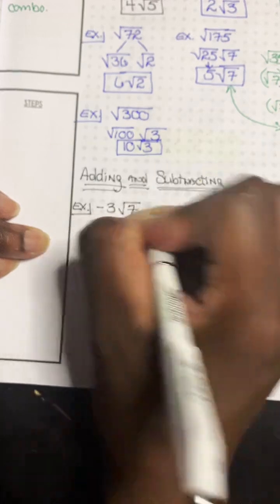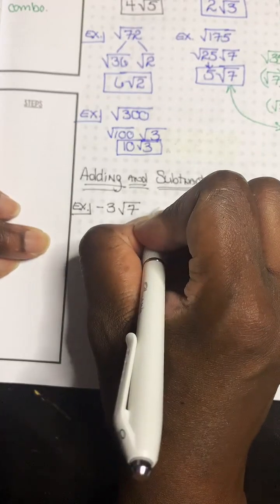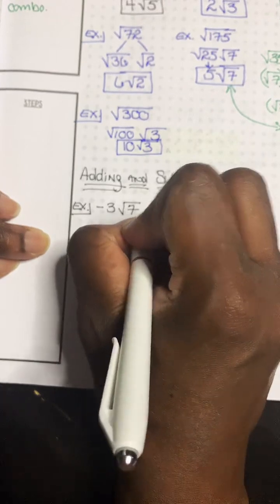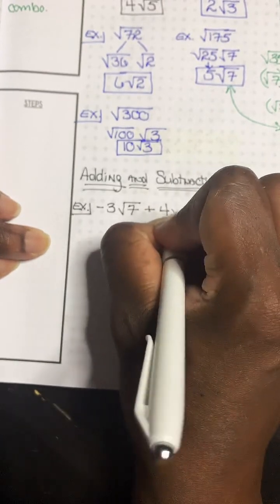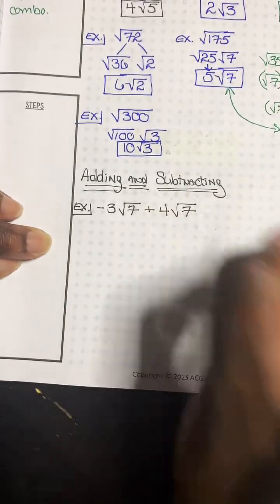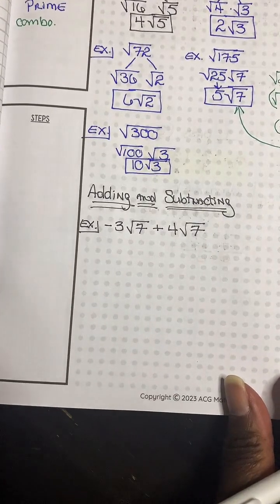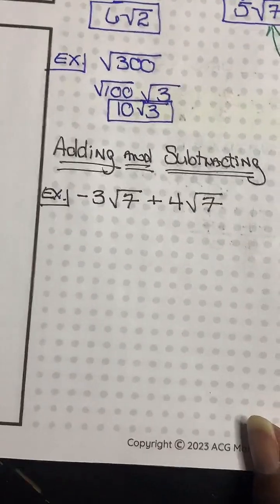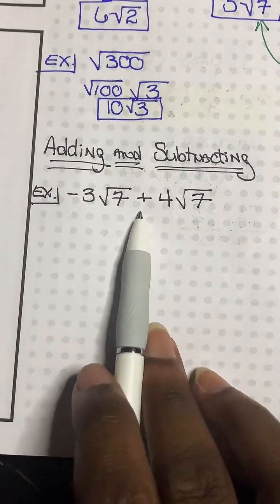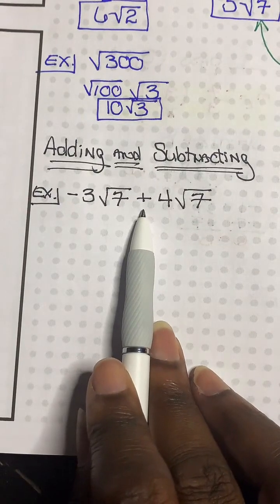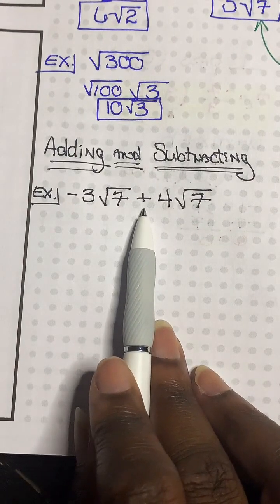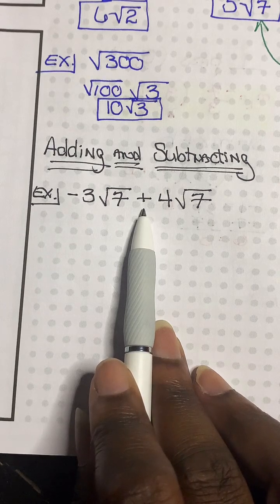So we have -3 times the square root of 7 plus 4 square root of 7. Always give yourself a moment and take a look in between. If you see a plus sign, that means you're going to add like terms.